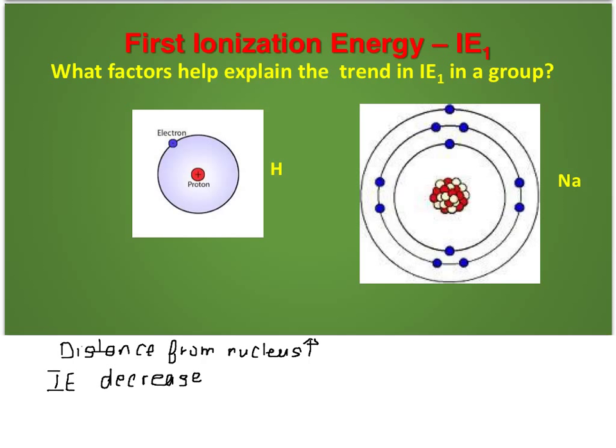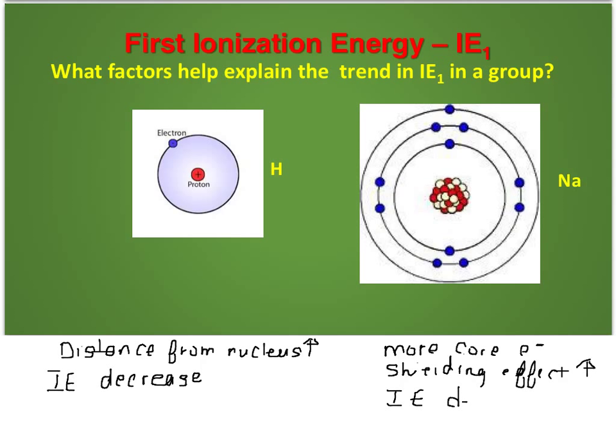Also, as you go down, the shielding effect increases, because there are more core electrons. So what has happened to ionization energy? Ionization energy decreases.